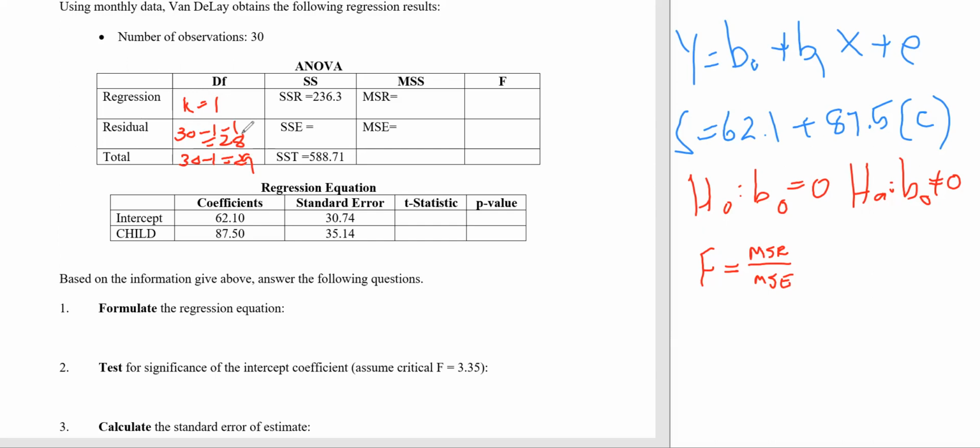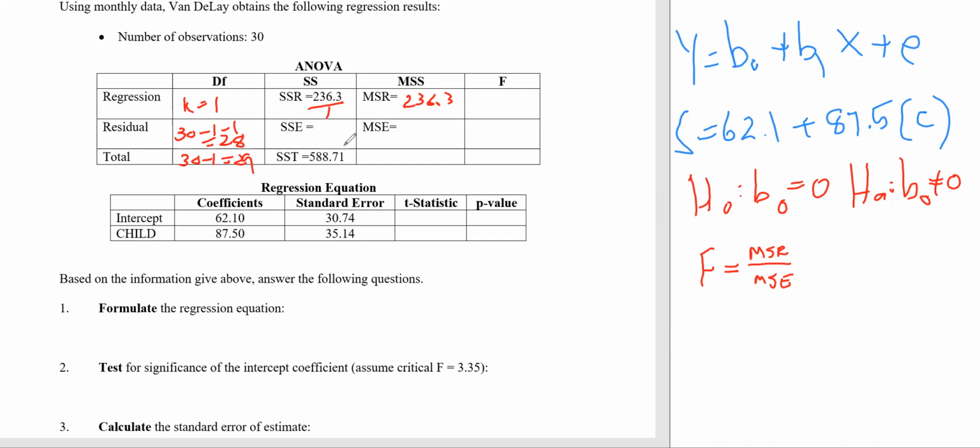Okay, so now let's work through this and do our calculation. The SSR divided by the degrees of freedom gives us the MSR, which is 236.3. All right, the MSE, oh, we've got to get the SSE. We don't even have it. So where are we going to get this?